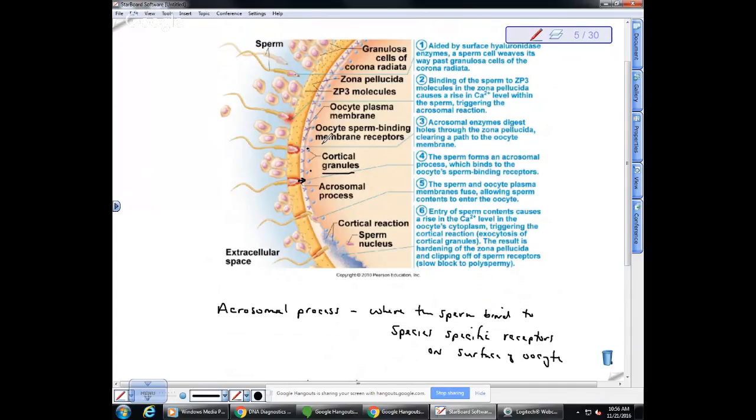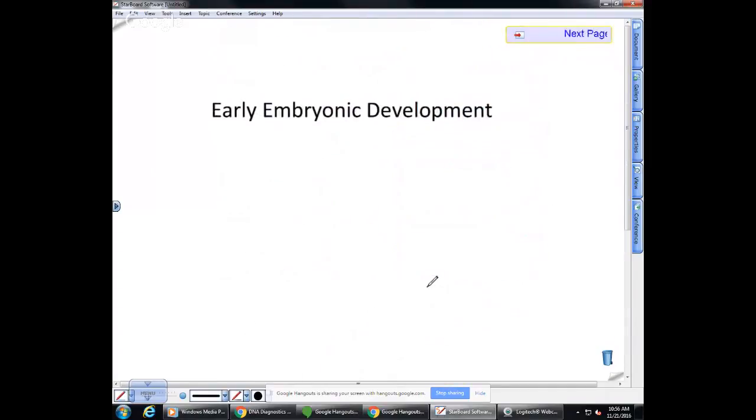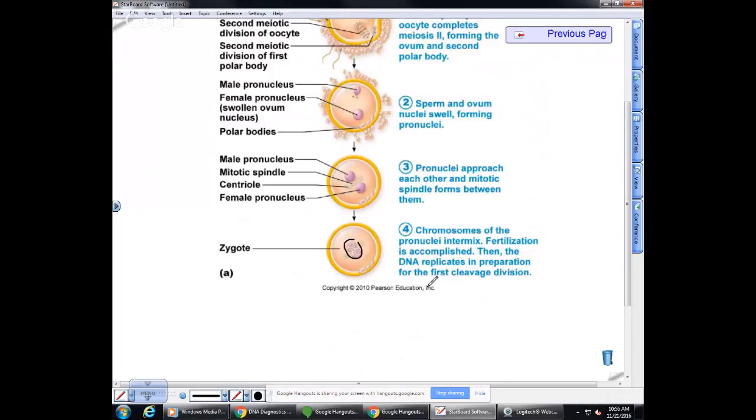When calcium is released, it causes those cortical granules to fuse to the outside of the oocyte membrane, and then they release their contents. So this is the cortical granules being released, right? And then you get the fertilization membrane being formed. Actually, this would be the fertilization membrane. They're just showing it here, I believe.